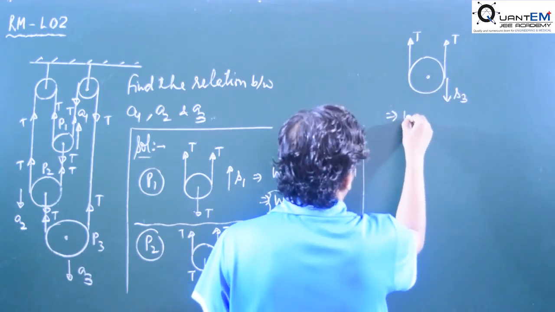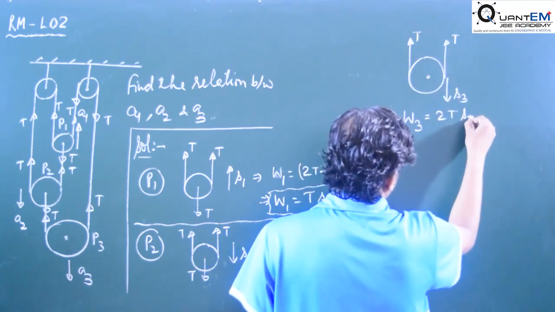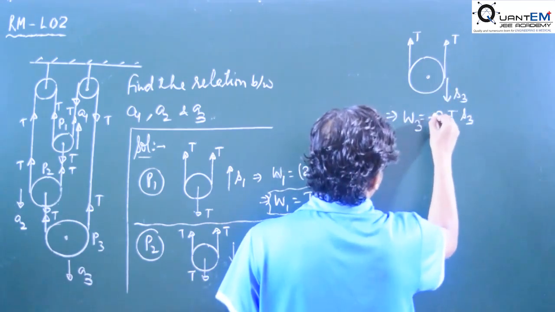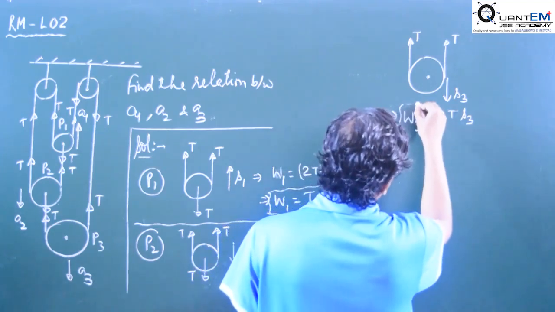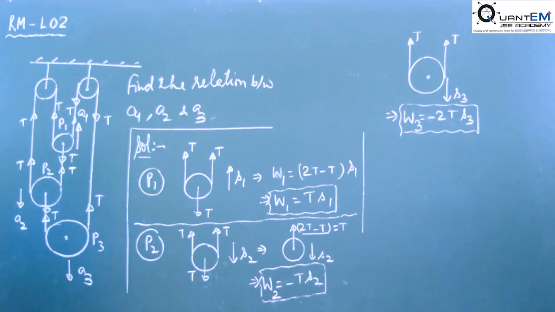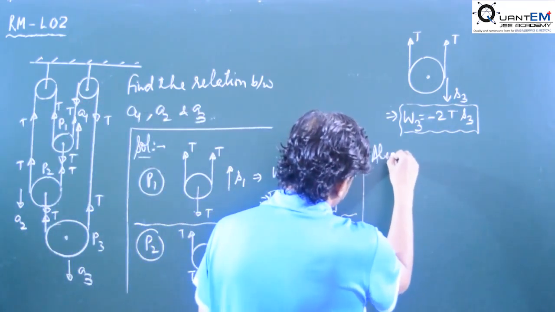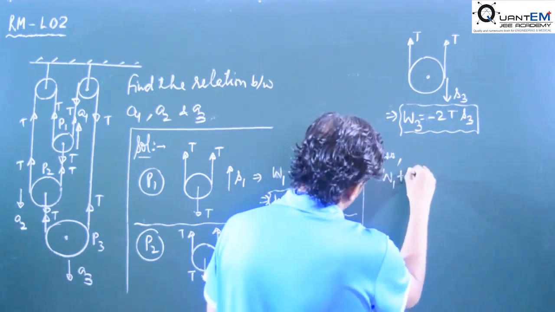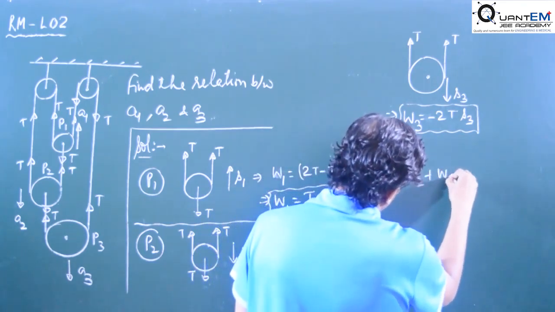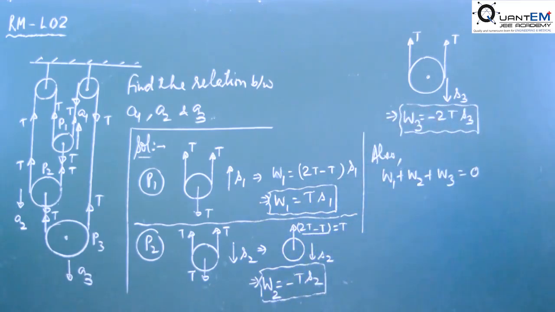So what is the amount of work done, W3? 2T upward, S3 downward. These are opposite to each other, cos 180 degree, minus 2T S3. Okay. Now net virtual work for the system will be what? 0. So also we have W1 plus W2 plus W3 is equal to 0.